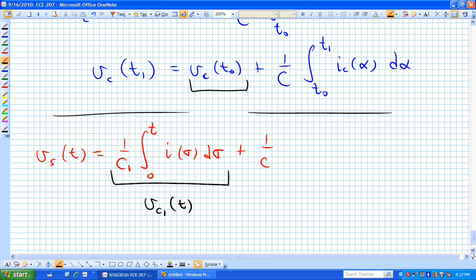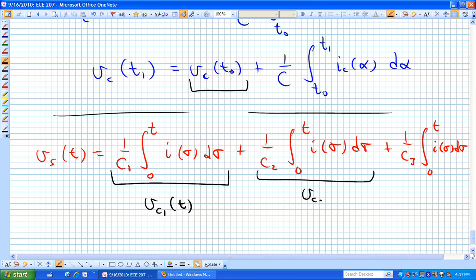The next piece is 1 over C sub 2 integral from 0 to t, I of sigma d sigma, plus 1 over C sub 3 integral from 0 to t, I of sigma d sigma. This is our V sub C2. There's our V sub C3.